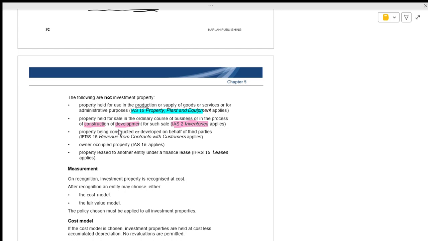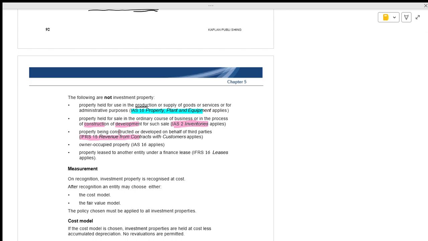IAS 2. Here we are getting a comprehensive understanding of different standards, where IAS 16 is applicable and where IAS 2 is applicable. Property constructed or developed on behalf of third parties is governed by IFRS 15.